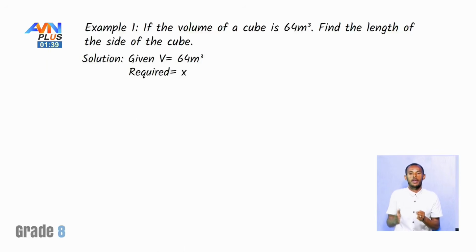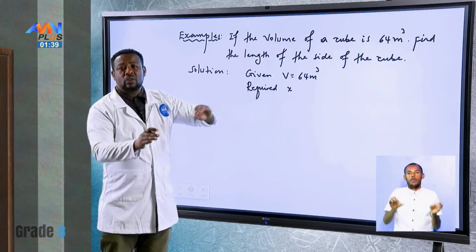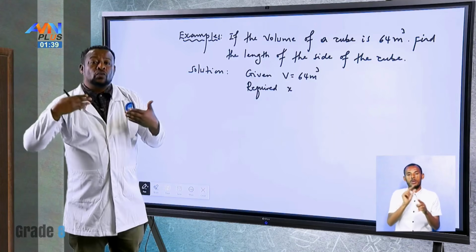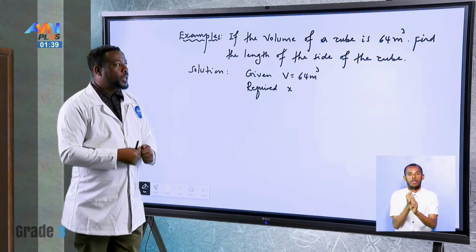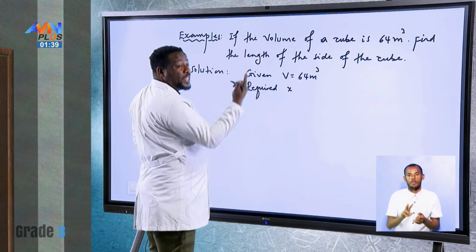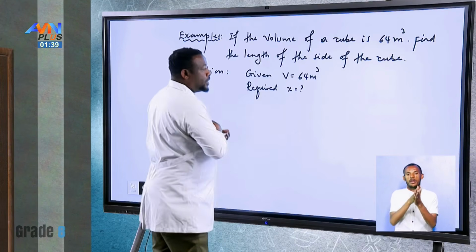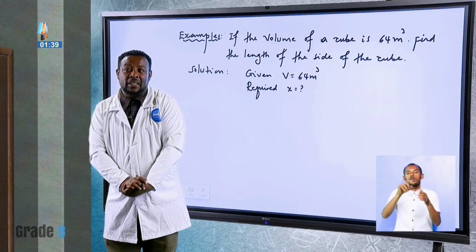Say x represents the side of the cube. You can make it y, you can make it a, whatever, okay? But you need to follow the formula that we used to calculate the volume. So let x be the side, then we need x. So what should I do to calculate this x?